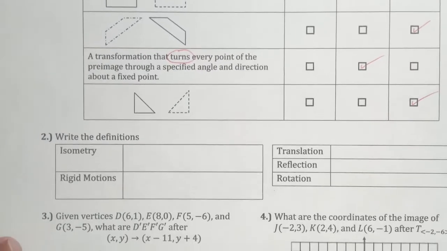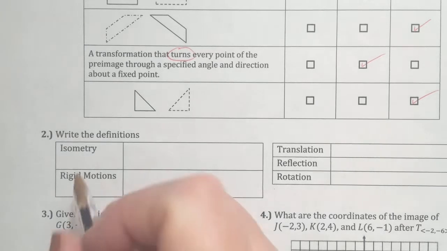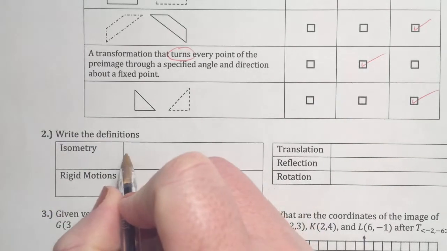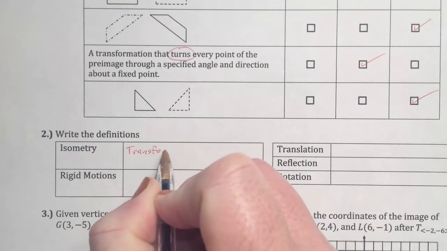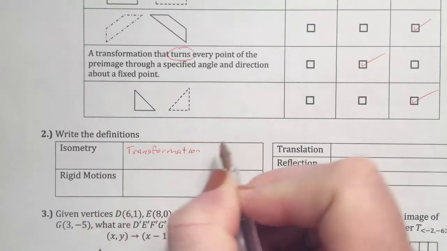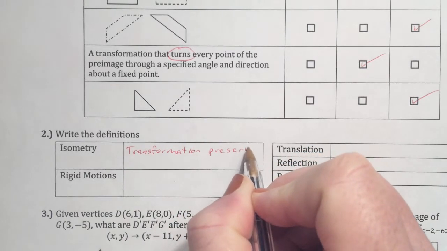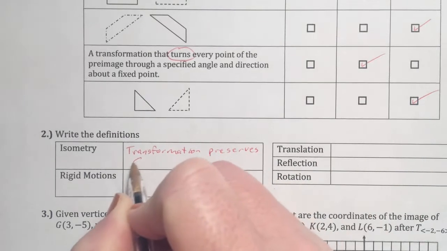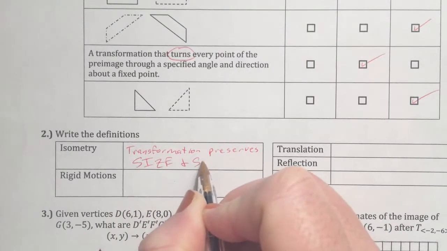All right, now let's go to number 2. Okay, isometry. So this was vocabulary from page 1. An isometry is a transformation that preserves size and shape.